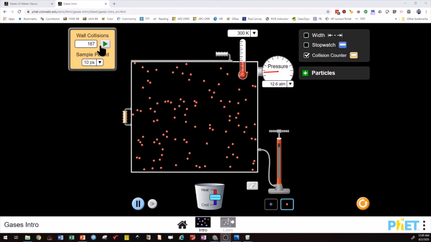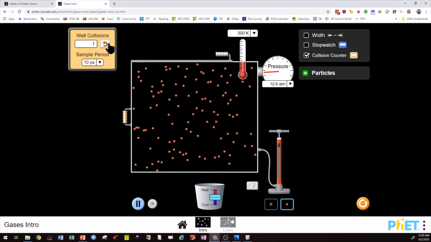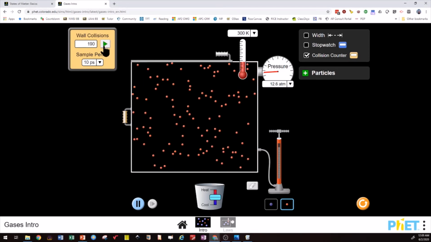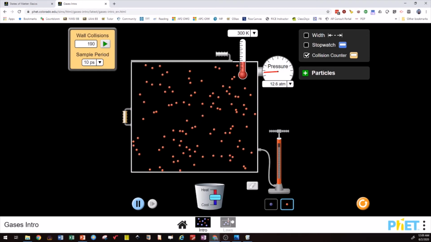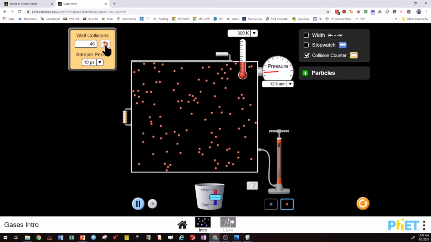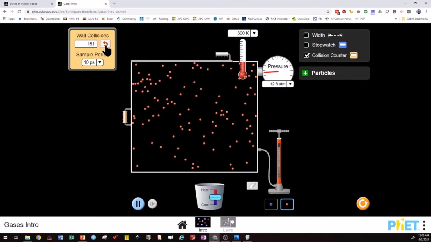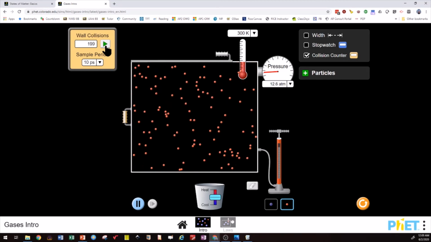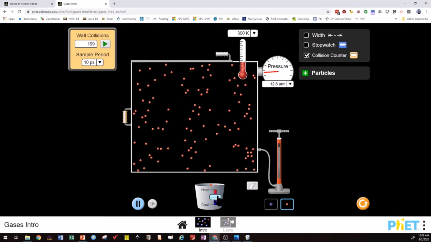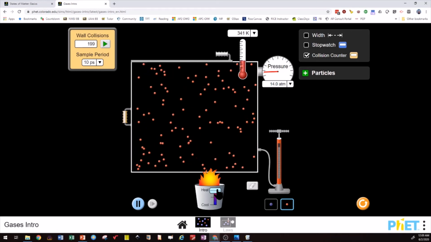Notice that there's a little sampling device here where I can see an estimate of how many wall collisions there are in a short period of time, 10 picoseconds. Looks like at 300 Kelvin there are about 190 wall collisions in every 10 picoseconds. So now, by heating, we can change the temperature and model the hot coffee.